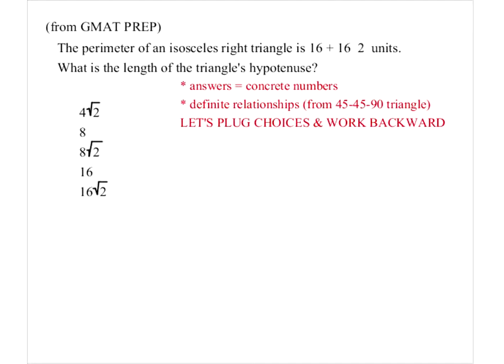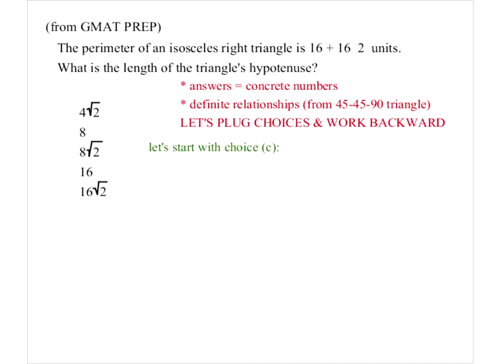Okay, so which choice do we want to try first? Go ahead and enter in the text box, please. Okay, we want to try C first. So let's start with choice C. That's the middle choice.